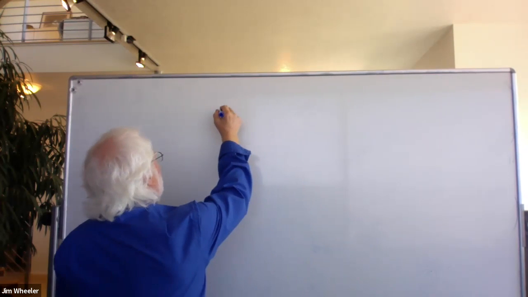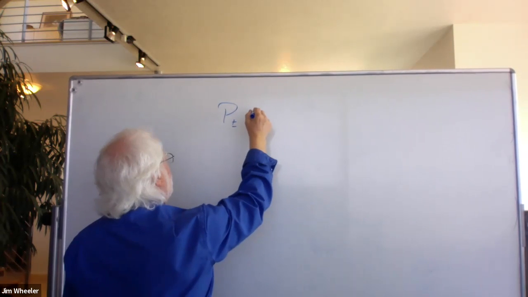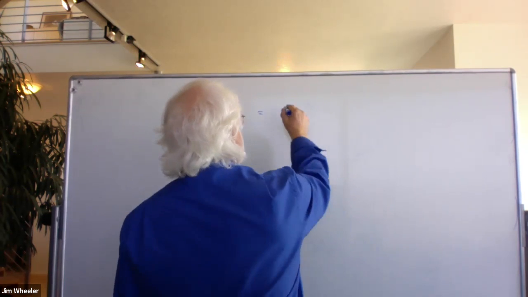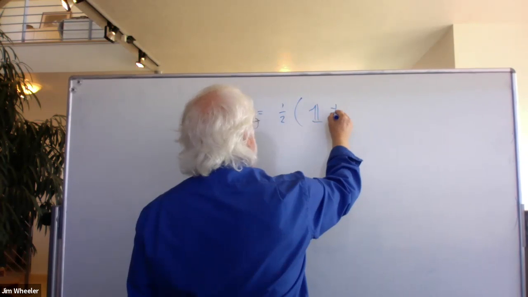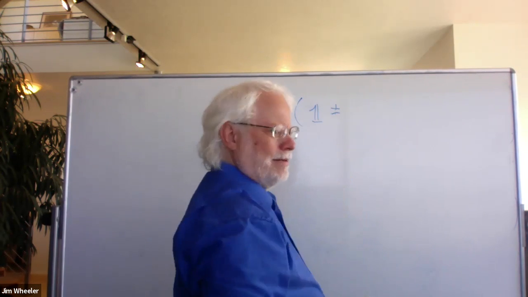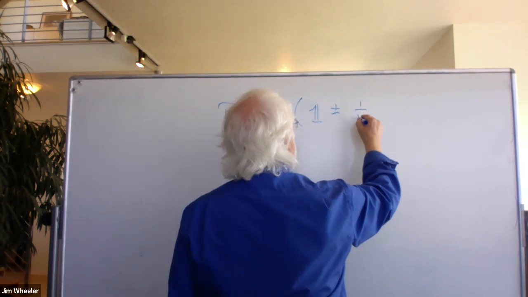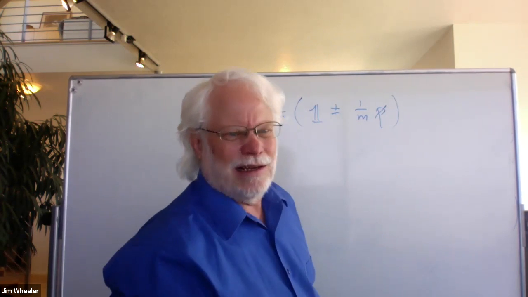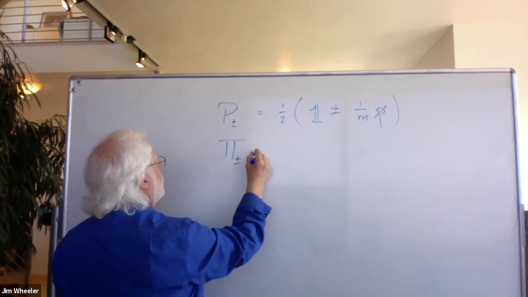Okay, so the operators. We've got the energy projection operators, and we can write those as a half of the identity plus or minus P slash over M. Then for the spin, I call it pi plus or minus.